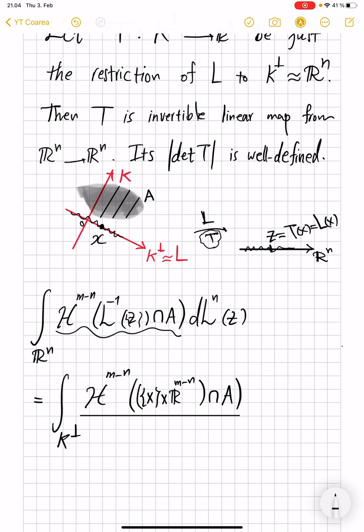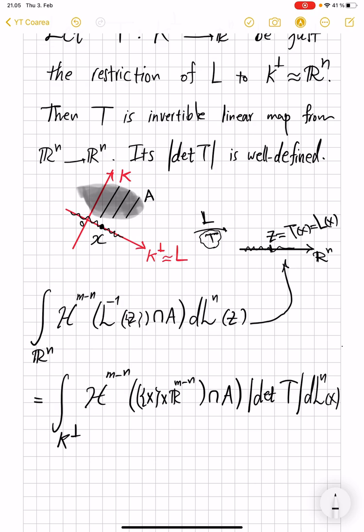It's the same under identification via the map T. Or you can say this quantity is the pullback with T of this function of z. I'm just doing a change of variables formula for integrals. And then comes the determinant of the map T, and this becomes dL^n of x. So I translated an integral on this space to an integral on its pre-image.